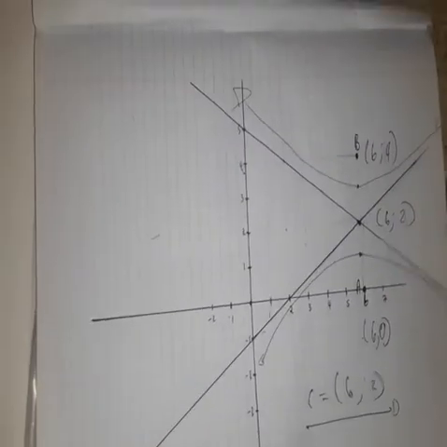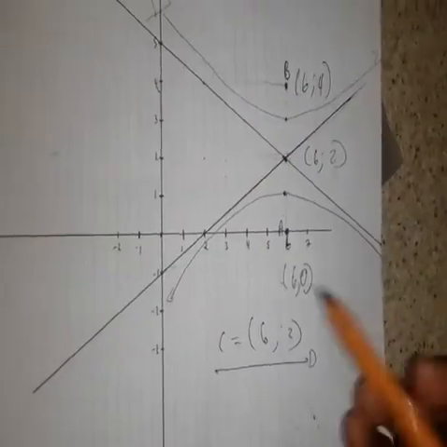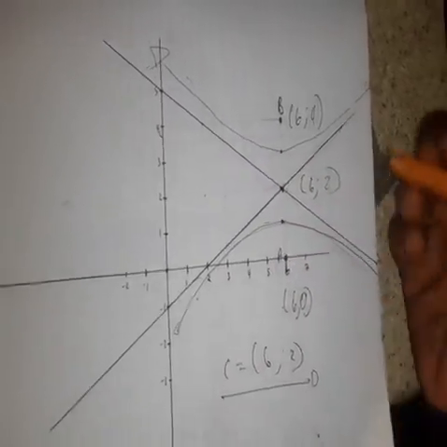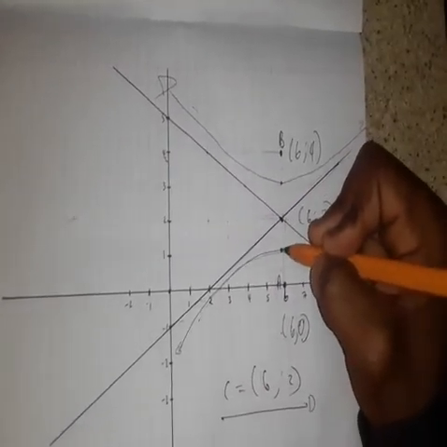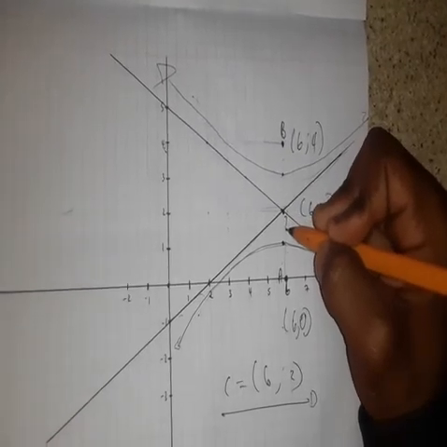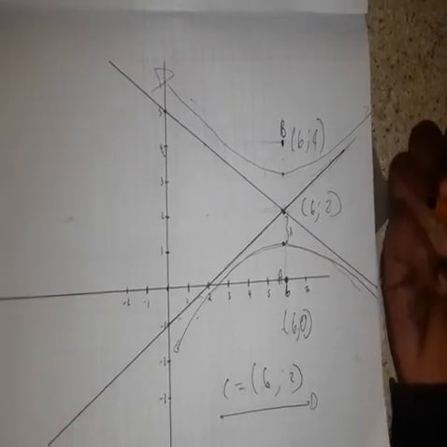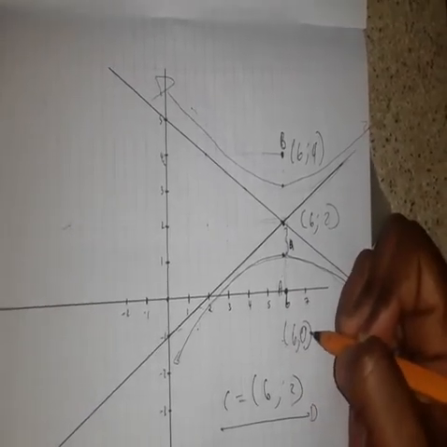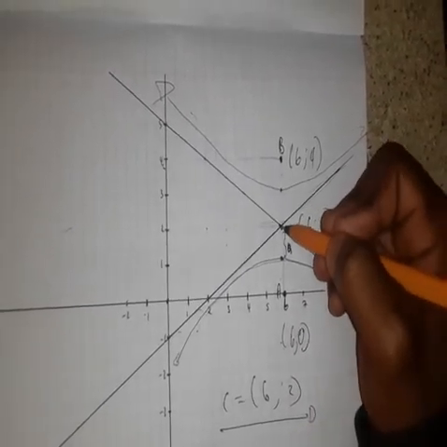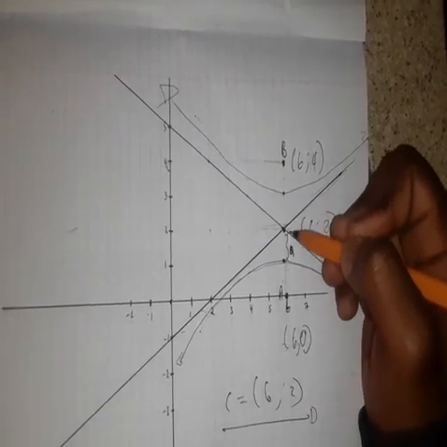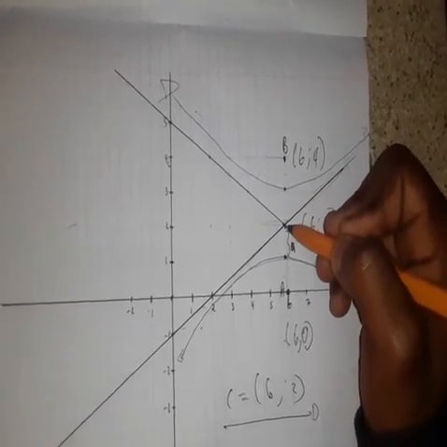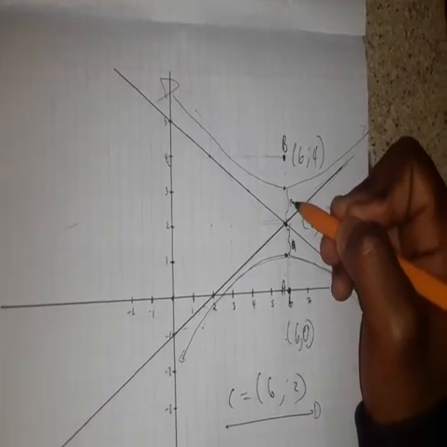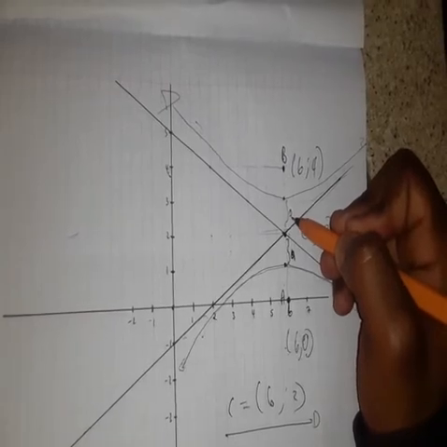So now what are we going to do? We're going to just sketch this hyperbola the way we think it will look. From the center to the vertex, what's the distance? The distance is a, the a we are looking for. And from the center to the other vertex, it's also a.